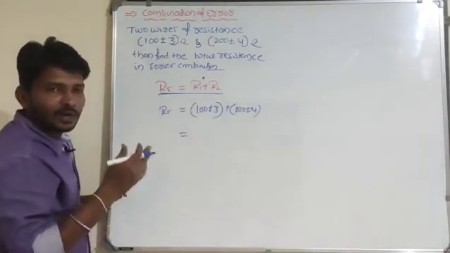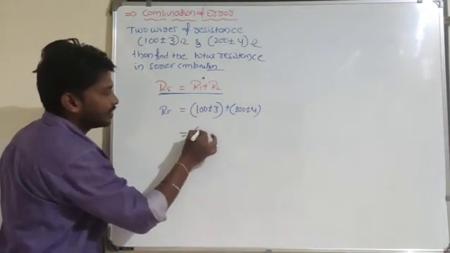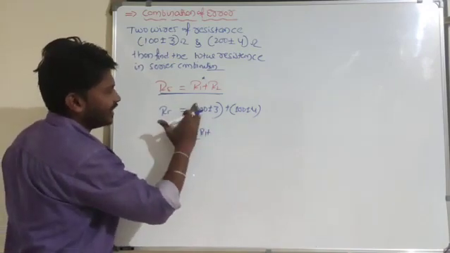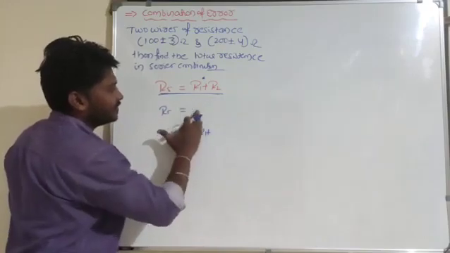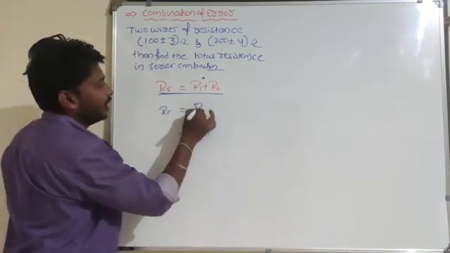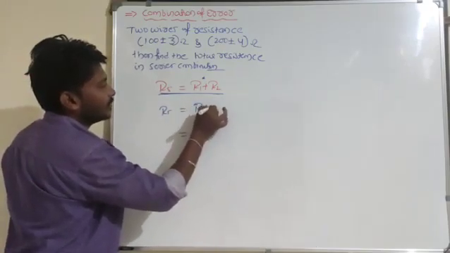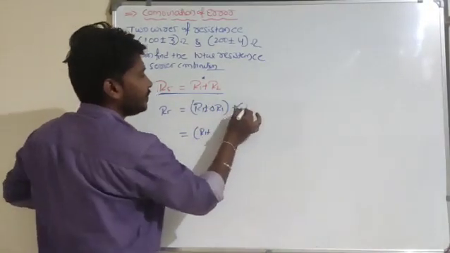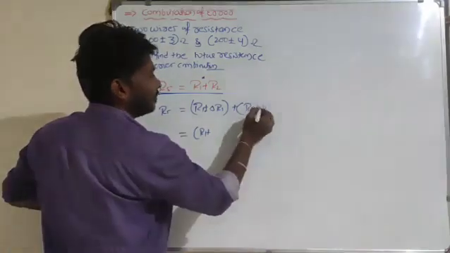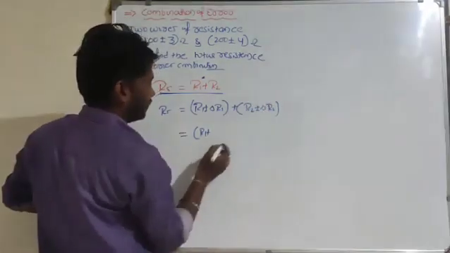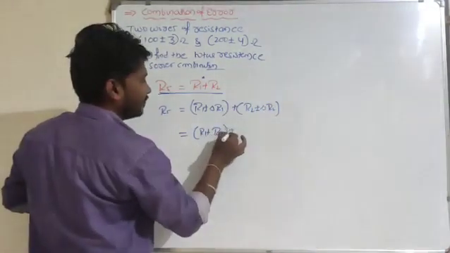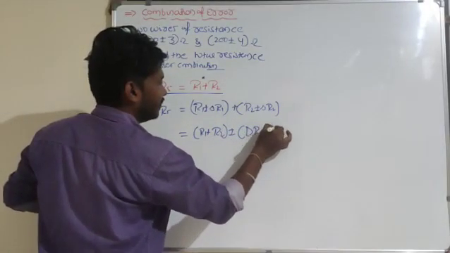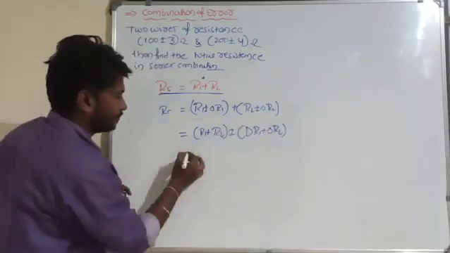What is the generalized formula? R1 plus or minus delta R1 plus R2 plus or minus delta R2 is R1 plus R2 plus or minus delta R1 plus delta R2.